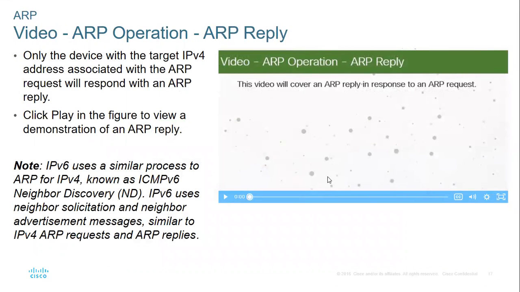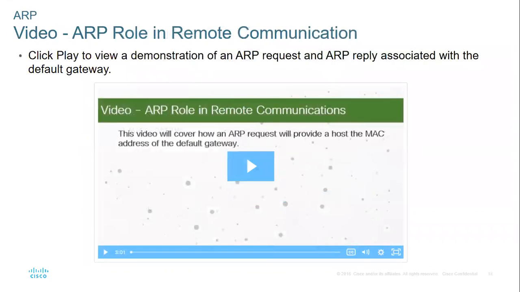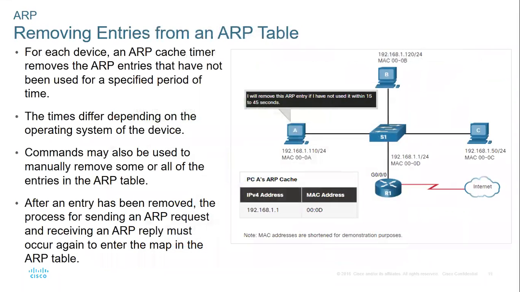You see, there are also some videos here that you can watch on ARP. Okay, so you find that on a PC, the ARP entries will be kept for a certain period of time. If they are not used, then the PC will flush them out. Okay, that's how it works.